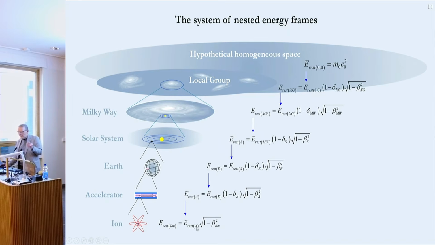In our ion frame, we have reserved some part of energy here to the motion we have with the accelerator in the rotating Earth, then Earth rotating the Sun in the solar systems, then solar system going around the center of the Milky Way, and so on.